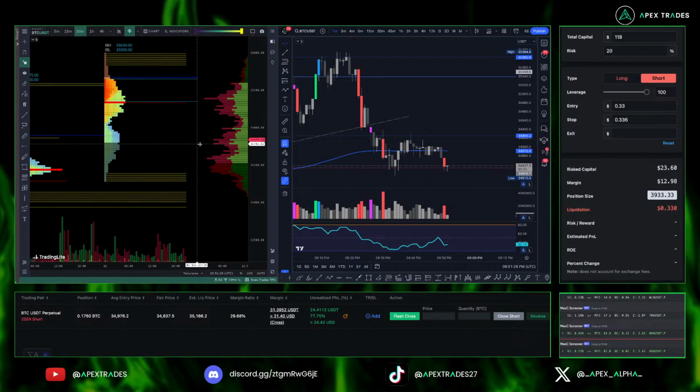It's even getting front run now a little bit. You can see here this is becoming a difficult level to break.